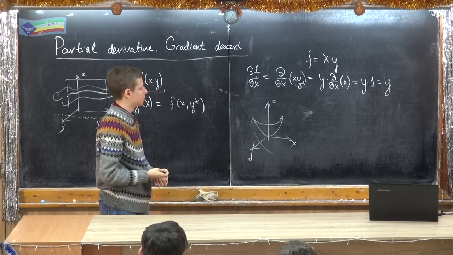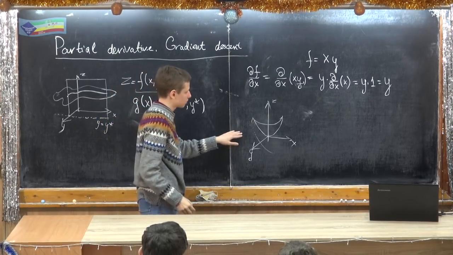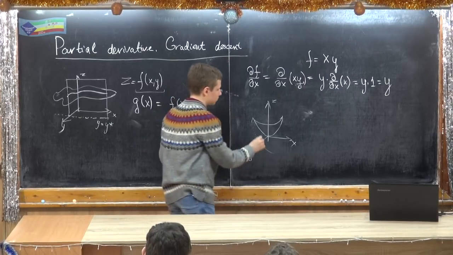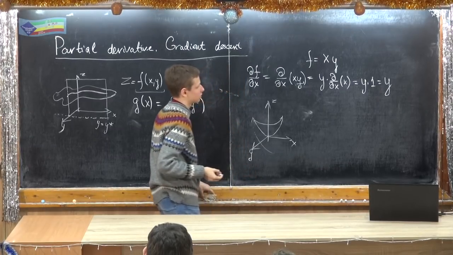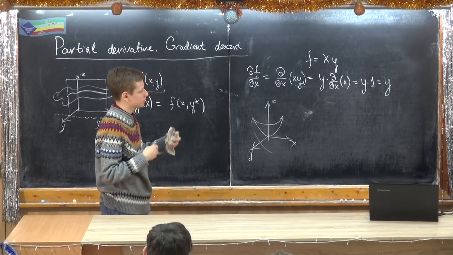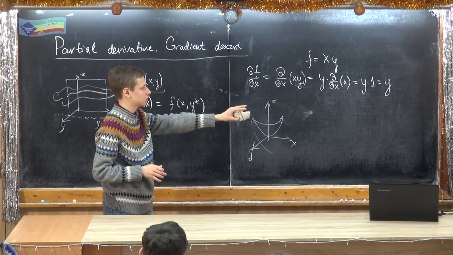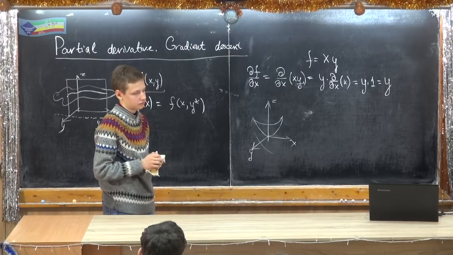And now if we take our cut, keeping our y variable constant, then we will get that the slope of this cut that we've created is equal to the y coordinate at any point of x.